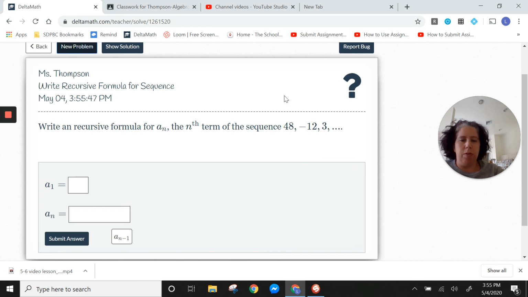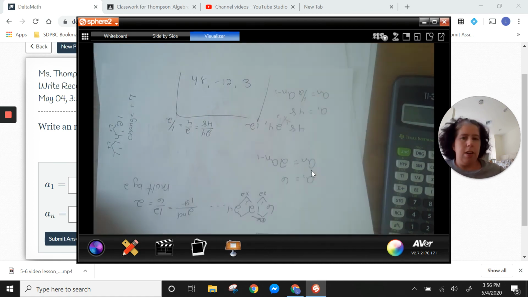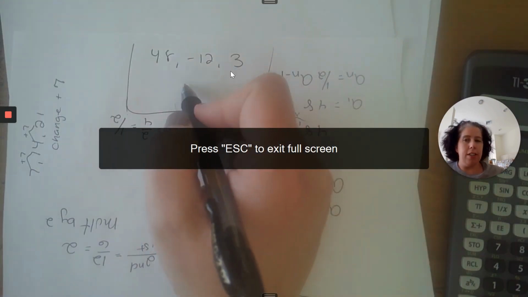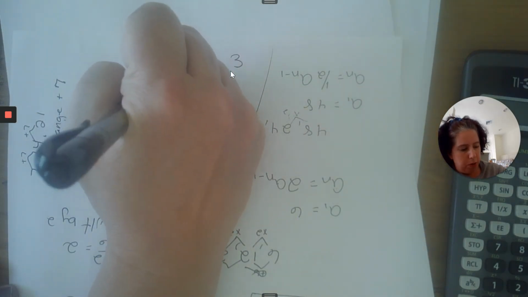Okay, so we got 48, negative 12, and 3. Wait, 48, 12, and negative 3. I know it's not addition and subtraction, so we're going to go with geometric. So we're going to do the second one divided by the first one.